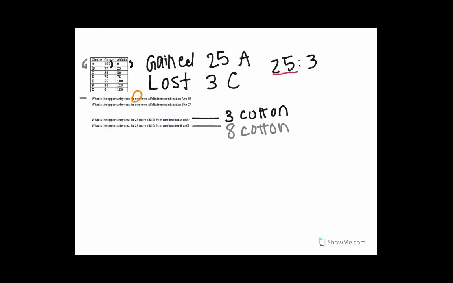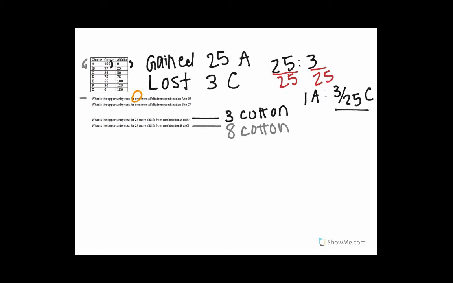Well, if we divide both sides by 25, or if you want to think of it like this, if we divide the amount lost by the amount gained, we know that for 1 alfalfa, 1A, we lose 3 25ths of a cotton. And so the answer to the question, what is the opportunity cost for 1 more alfalfa from combination A to B, would be 3 25ths cotton.